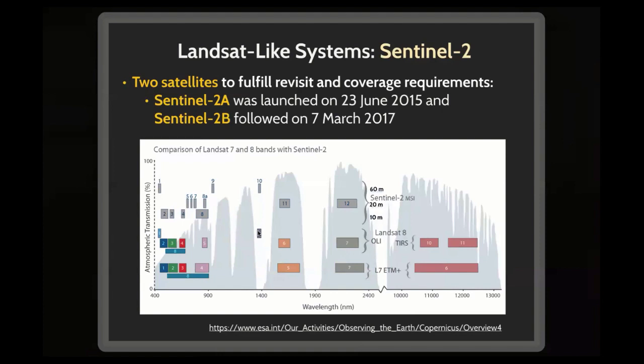So if you're doing work in Chicago or other cities like New York with skyscrapers, I would probably stay away from Sentinel-2 because the data are not geometrically corrected, which means a lot of pre-processing has to be done before the data can be valuable.